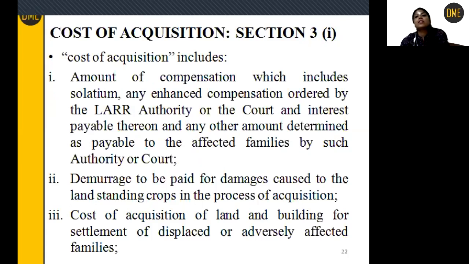Then, what is the cost of acquisition, which is provided under section 3, subclause I? Cost of acquisition includes the amount of compensation, which includes solatium, any enhanced compensation ordered by the Land Acquisition, Rehabilitation and Resettlement Authority or the court, and interest payable thereon. First, the amount of compensation, including solatium amount ordered by the court or authority, and interest payable thereon, and any other amount determined as payable to the affected family by such authority or the court.